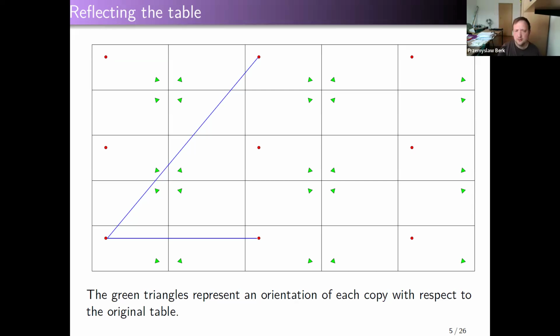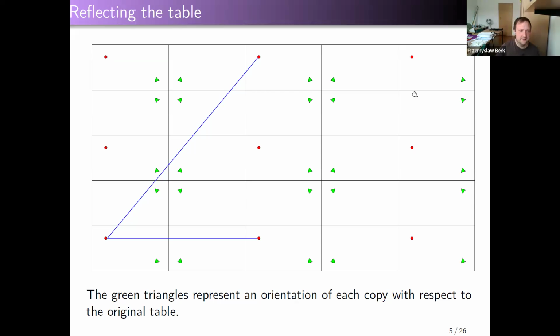But for example, if I want to find more complicated periodic orbits, like this skewed blue line, the only thing I have to do is consider my unfolded table, and look for two copies of the point in which I have started.